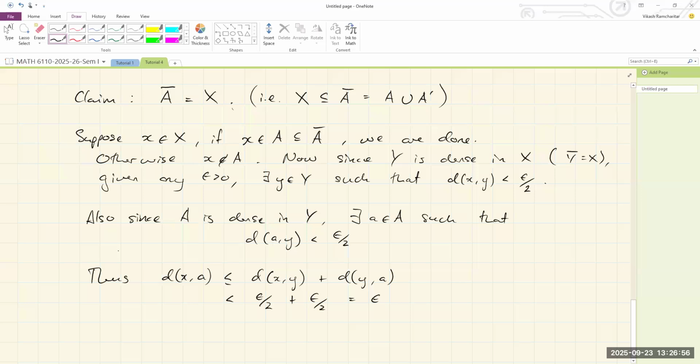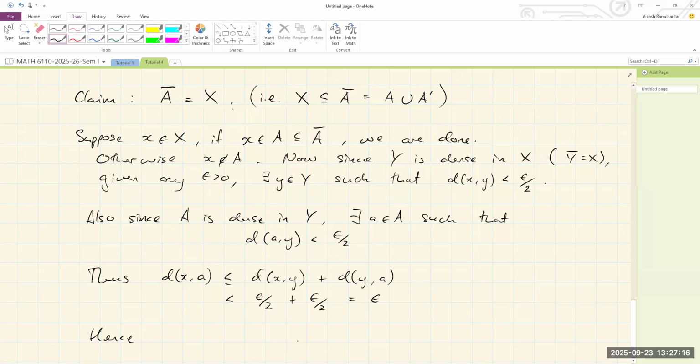So what did we show? We've shown that x must be a limit point of A. Given any epsilon, I found a point of A arbitrarily close to x.